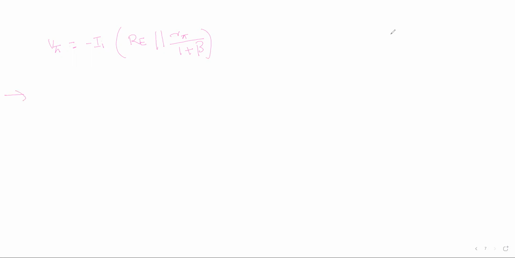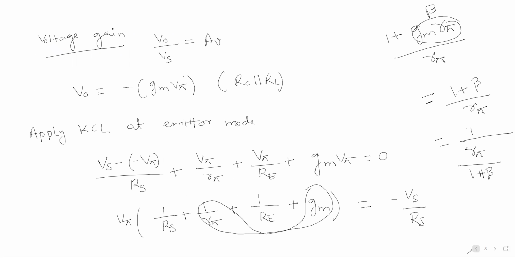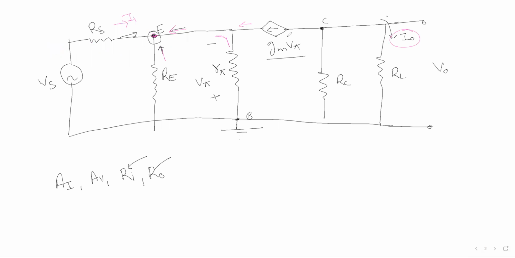Now we need to calculate I naught. How do we calculate the I naught? Look at here. This is current flowing through this direction. If we want to calculate current flowing through RL only, we need to apply current divider rule over here.